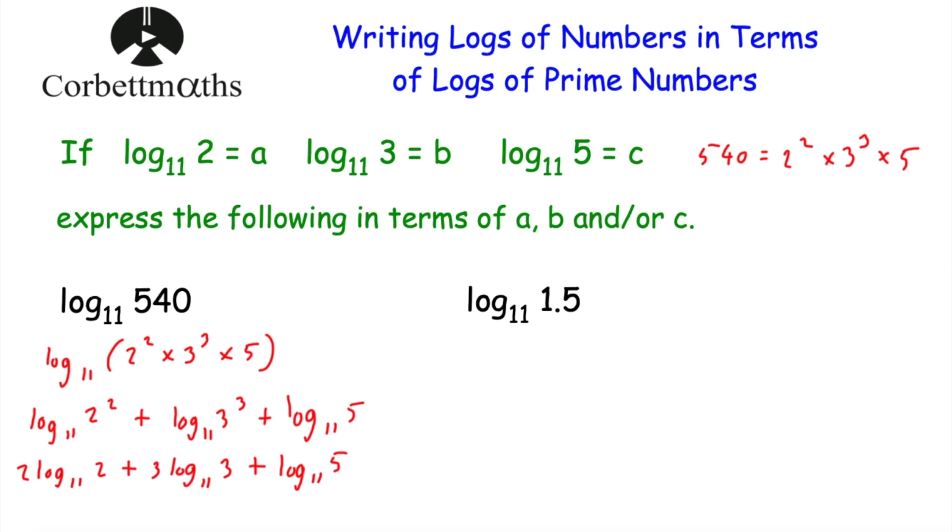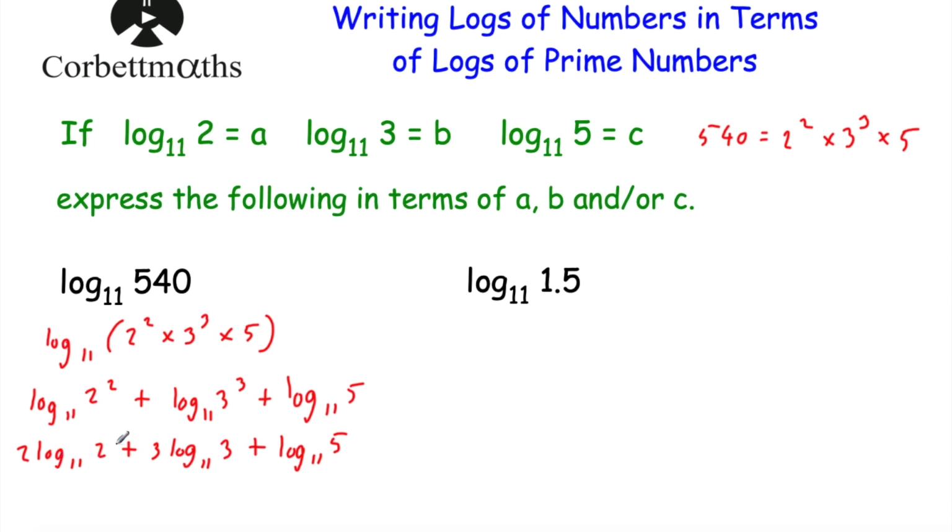And then finally, we now just want to replace the log to base 11 of 2 with a, so that'll be 2a plus, and then the log to base 11 of 3 is b, so that'll be 3b, and then plus, and then this is just c, log to base 11 of 5 is c, so the answer would be 2a plus 3b plus c.